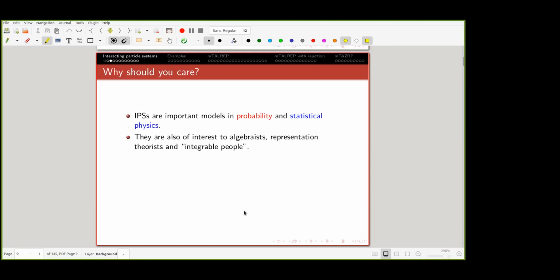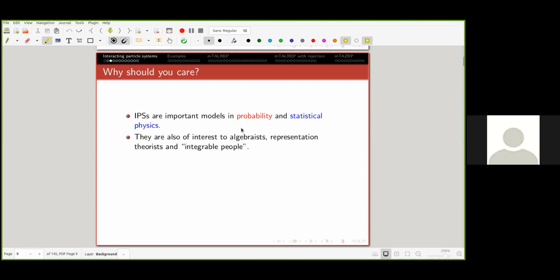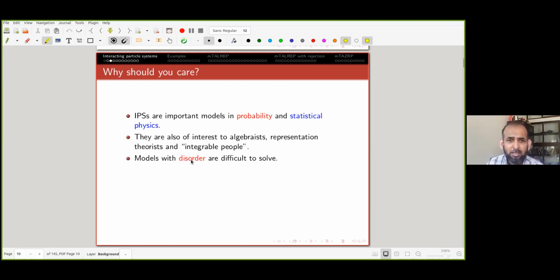And why should you care? As I said, these are important in probability and statistical physics. And they're also of increasing interest to algebraists working in representation theory and integrable systems. In many cases, they are interested in models with disorder. That means you have certain parameters which you want to choose from some probability distribution.